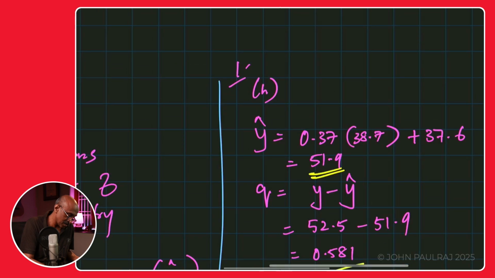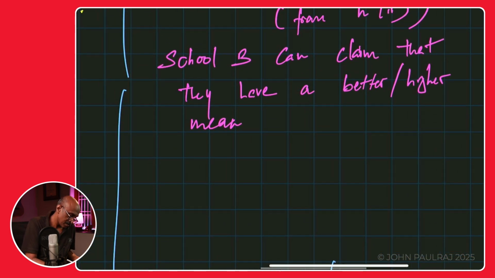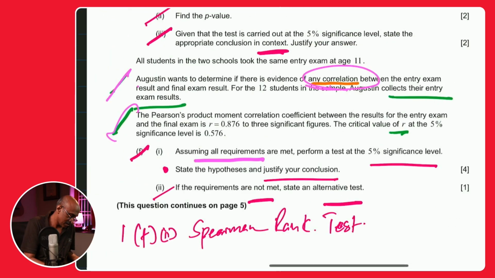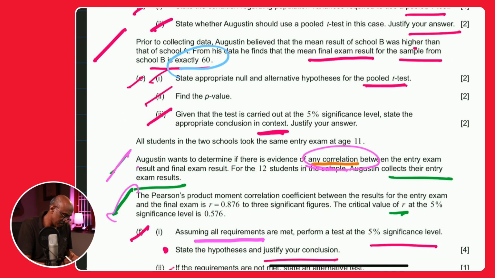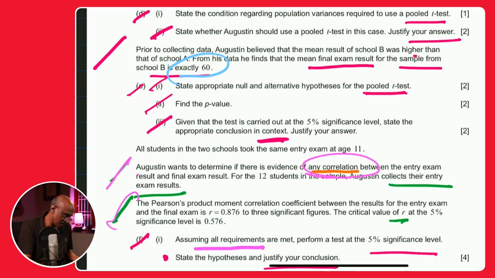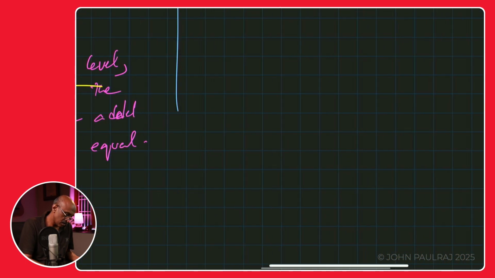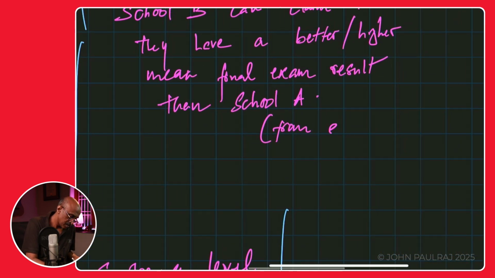Okay, better write that, mean final exam result than school A. And this was from E part 2. Yeah, E part 2. So I just write that also.